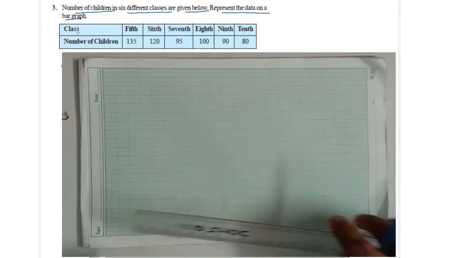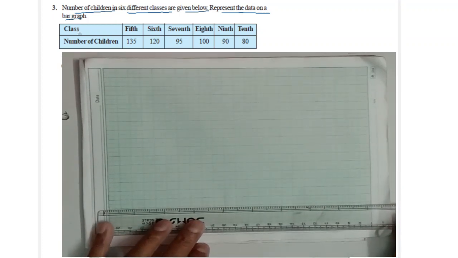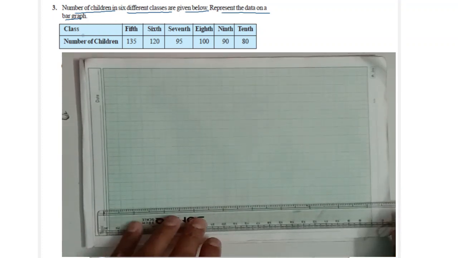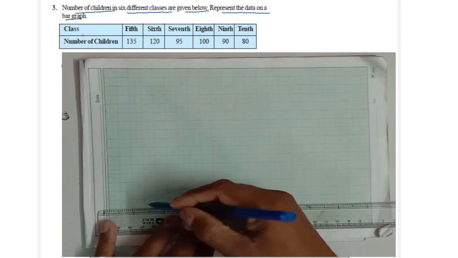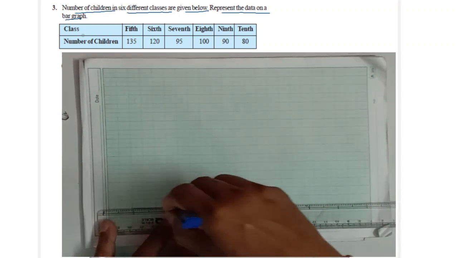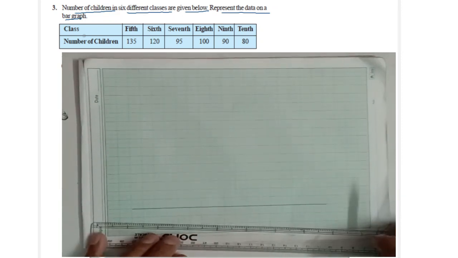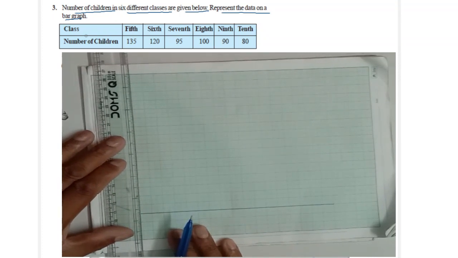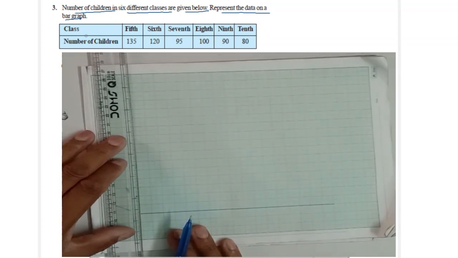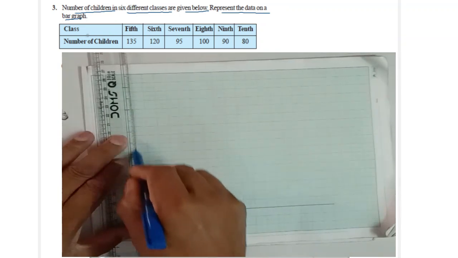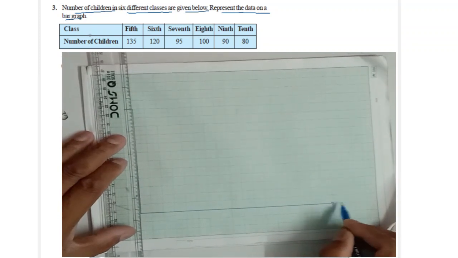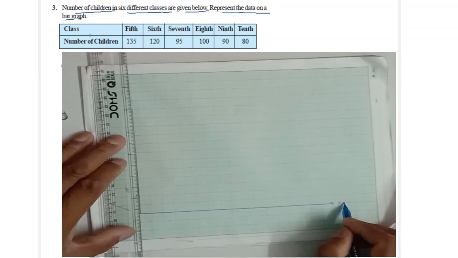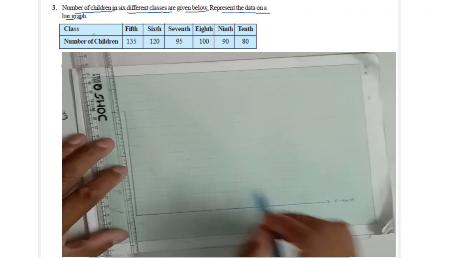Take the graph, draw the x-axis like this, and then the y-axis like this. This is your x-axis. This is your y-axis.